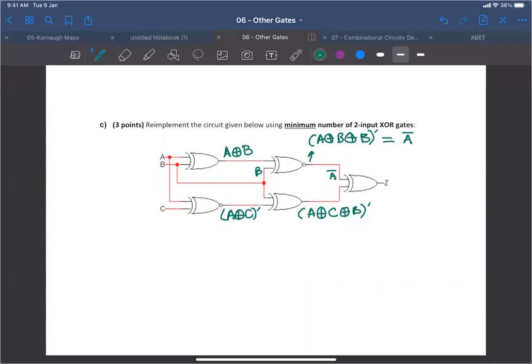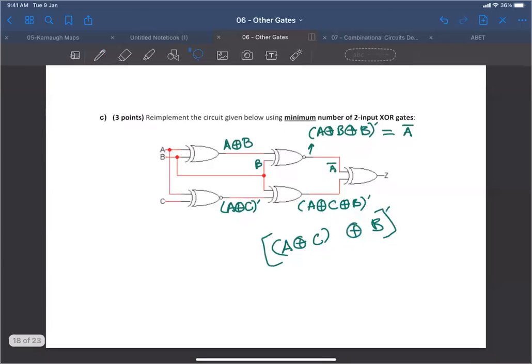Originally it was A XORed with C complement and then XORed with B. I used the property that I put a bigger bracket and then move the complement outside, and then by associativity, this is nothing but everything XORed together: A XORed with B XORed with C, and then you have a complement.